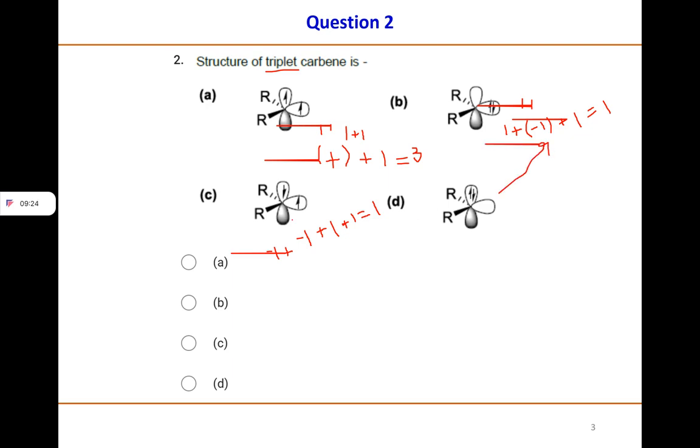So if you see all four options, B, C, D all have singlet carbon, but the A one has a triplet, because of the electrons in different orbitals with the same spin, up spin. Okay, so that's why the correct answer for this question is option number A.